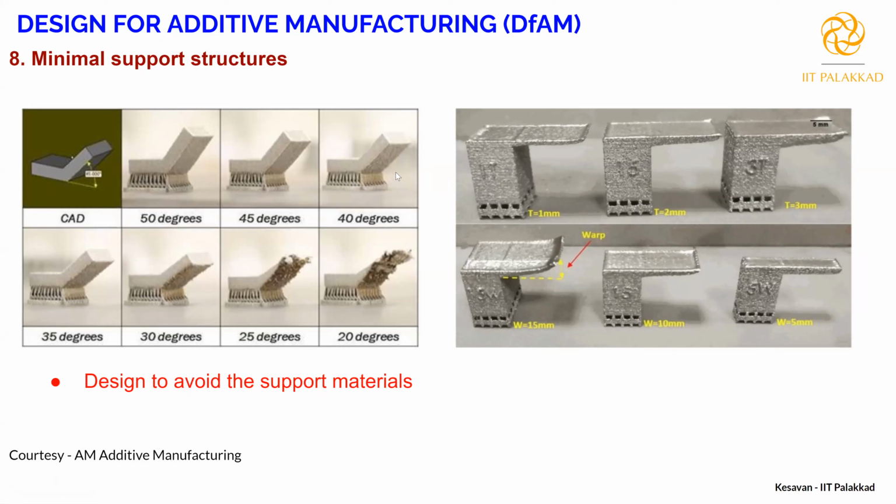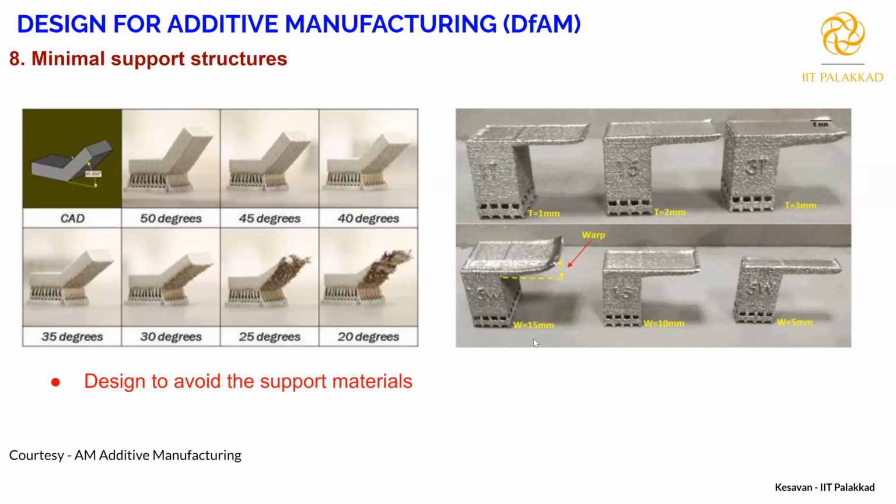What it means is that the moment it comes to 40, you need to anchor. If you don't anchor this region, your component will definitely collapse. Okay. Similarly, the overhang, you see here. If you don't give support for the overhang, you may end up with warpage. You see, warping is taking place.